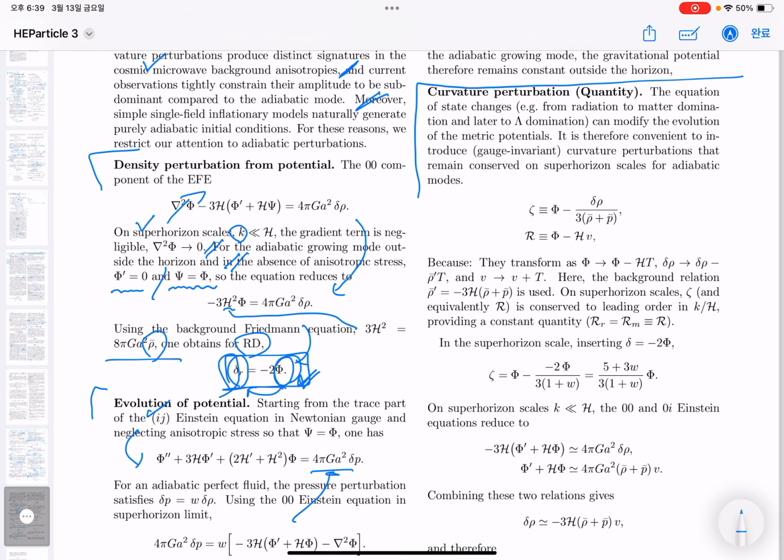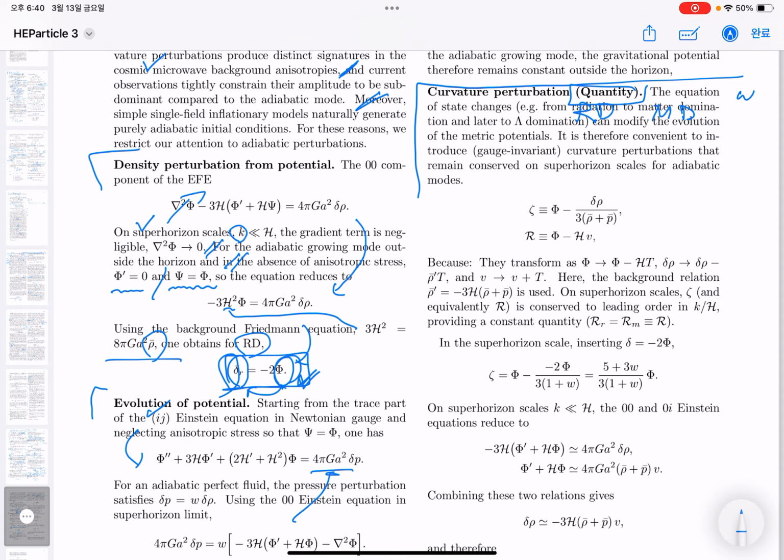And in this case, we can define the new quantity, the so-called curvature perturbation, which is gauge invariant, because the equation of state w changes when the universe transitions from the radiation dominant to the matter dominant.